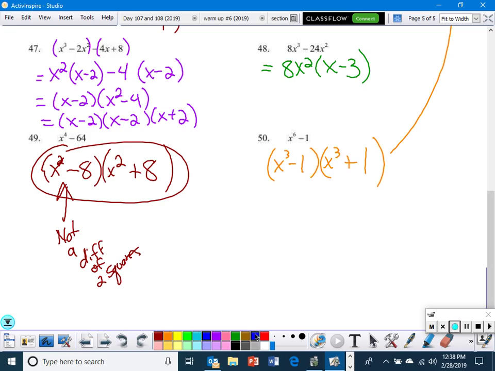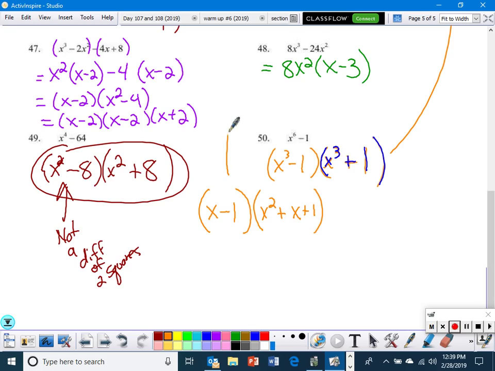All right. So let's start with this one. Okay, I'm going to color code these. I'm going to switch this one to blue. All right, so I'm going to do the orange one first. Here we go. So this is going to be x minus 1, x squared plus x plus 1.